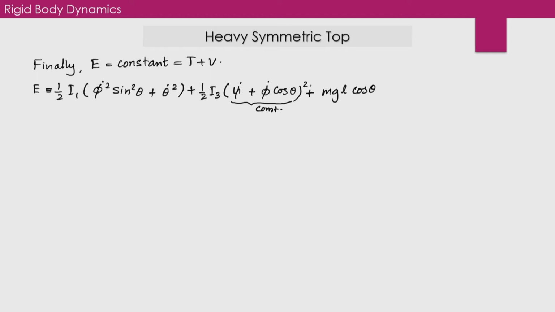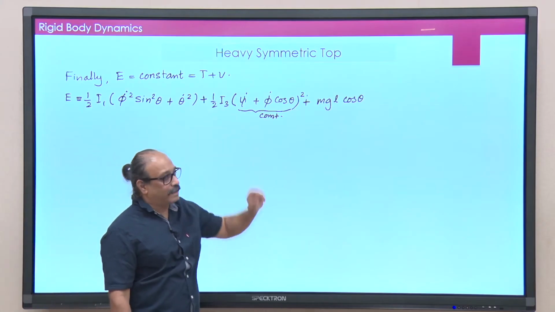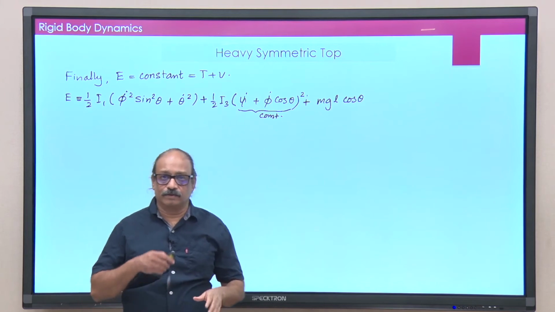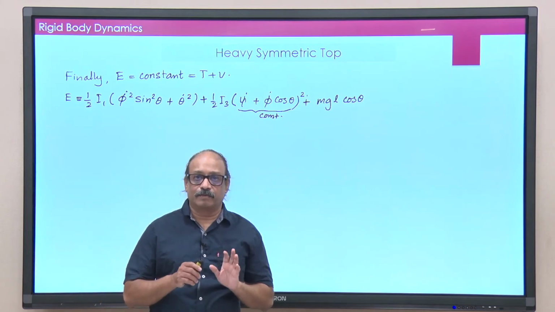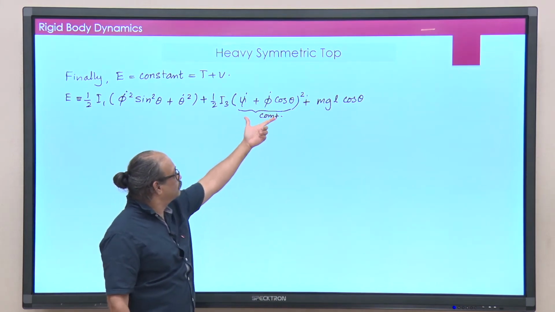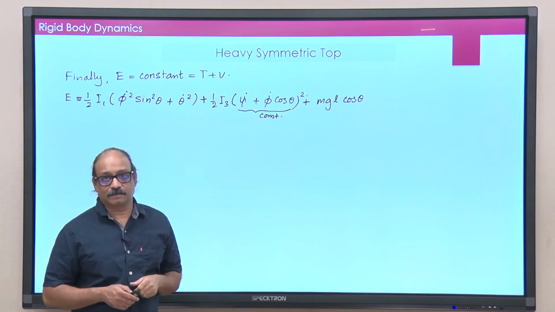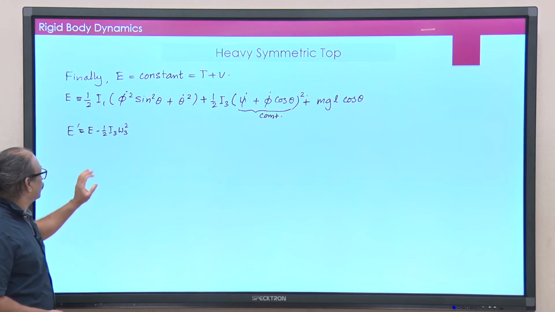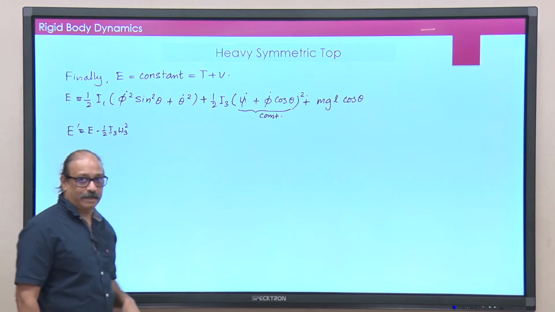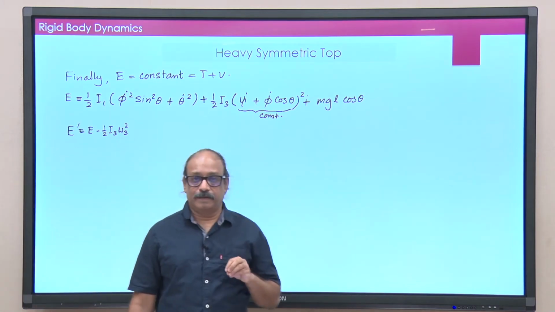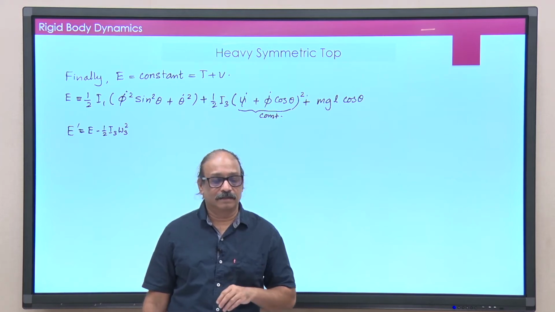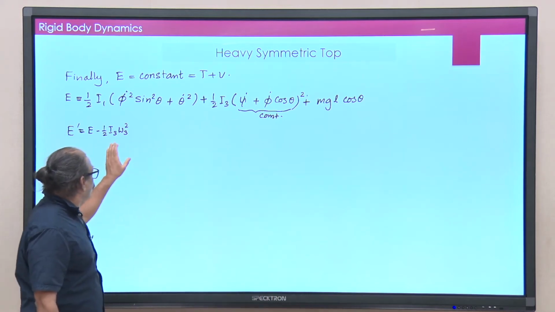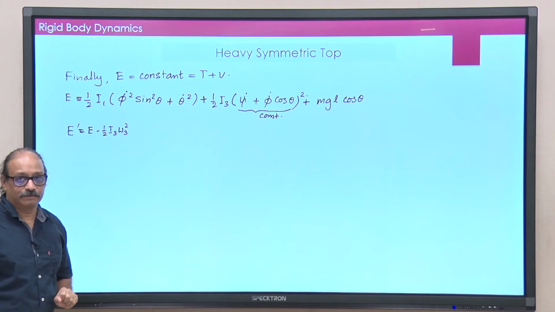Out of this we know that psi dot and phi dot somehow conspire together to keep omega 3 constant. So, whatever goes in this bracket actually is a constant. So, what I am going to do is define a new constant E prime, and you define E prime as E minus I 3 omega 3 square divided by 2.